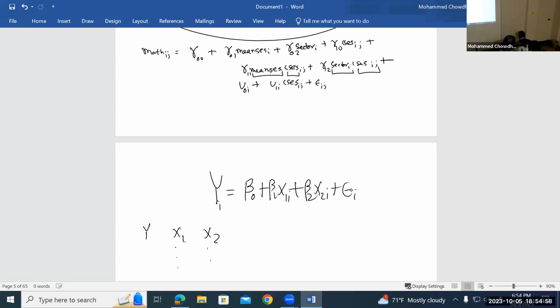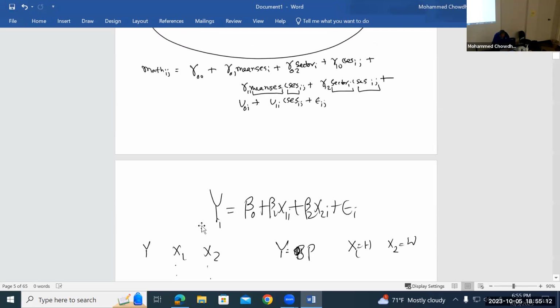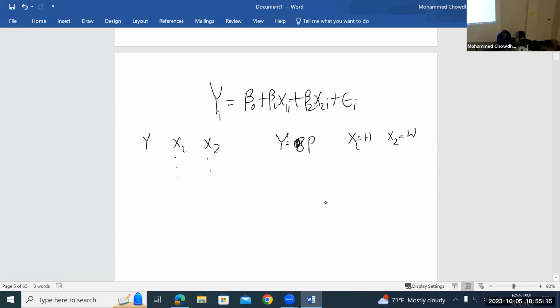Suppose Y equal to SBP, like blood pressure, X1i equal to height and X2i equal to weight. These do not determine it. The determination is coming from the betas. It is linear in beta.